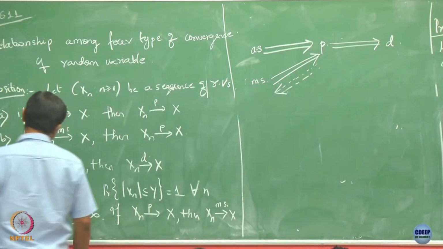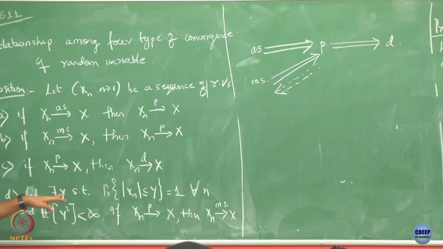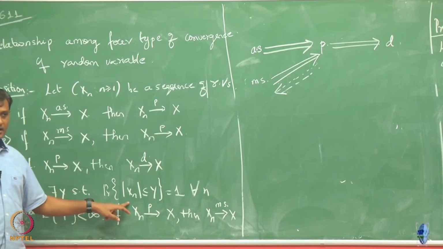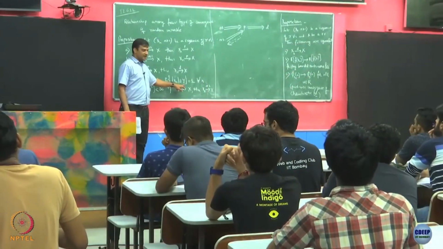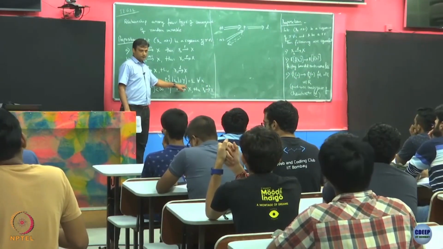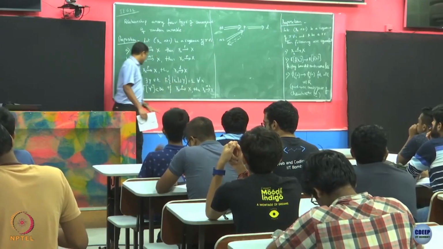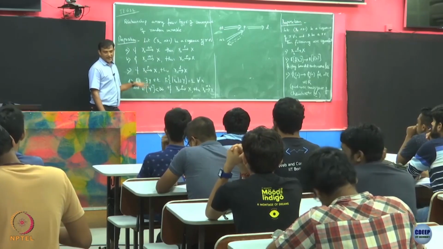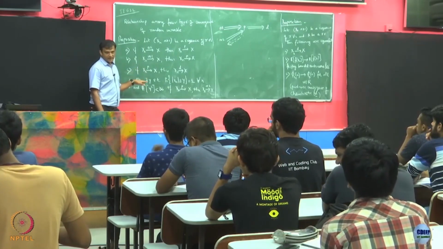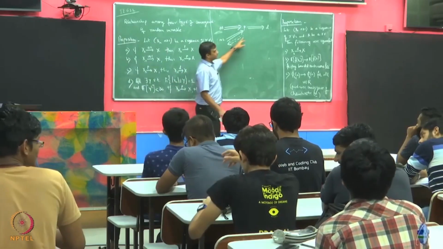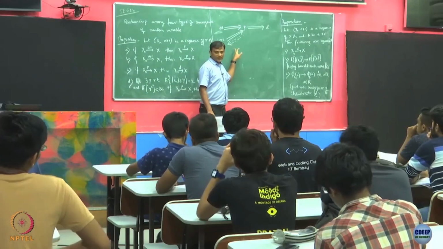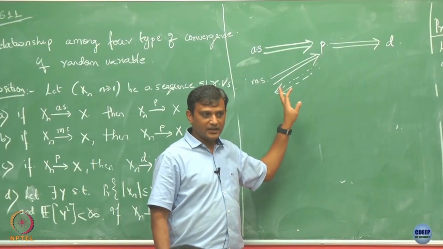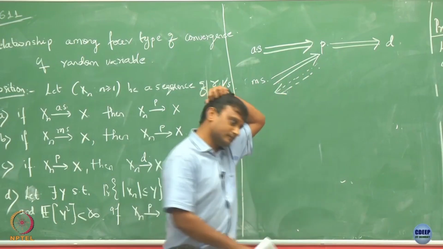It says that if there exists a random variable Y such that all my sequence of random variables are dominated by that random variable Y with probability 1, and this random variable is such that further it has finite second moment. If I can find such a random variable Y, then this is true, that my convergence in probability also implies convergence in mean squared sense.